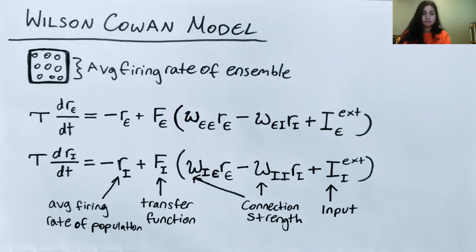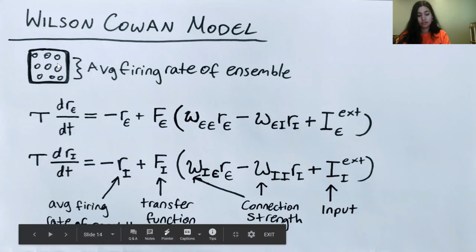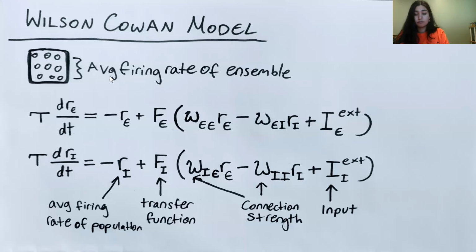For a Wilson Cowan model, what we're really interested in is the average firing rate produced by the entire neural ensemble. So the math that describes the dynamics of the excitatory and inhibitory populations' firing rates is shown here through two differential equations, which might look scary at first, but I'll walk you through them, and they're more straightforward than you might expect.